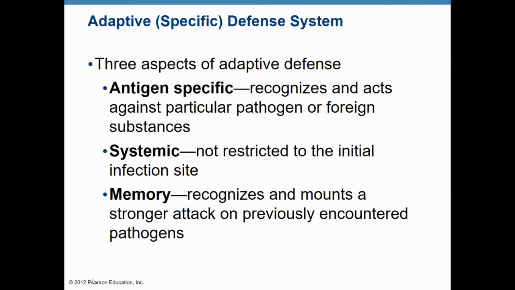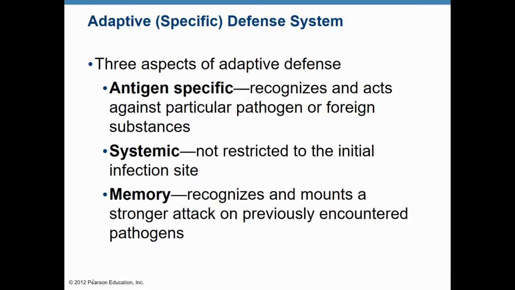So there are three aspects of our adaptive defenses that are going to be a bit different from our non-specific defenses. The adaptive defenses are going to be antigen specific. So that means we're going to recognize and act against a particular pathogen or foreign substance. So we're going to recognize it on a molecular level.